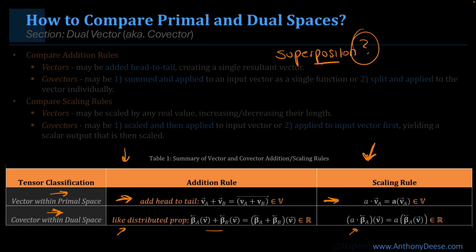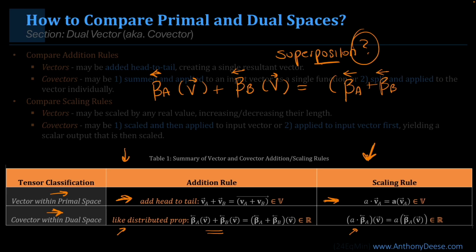So you can see down here that we have beta A, I forgot to make it left facing, times V plus beta B times V is equal to the sum of those two together times V. So we can apply them individually, or we can apply them together.